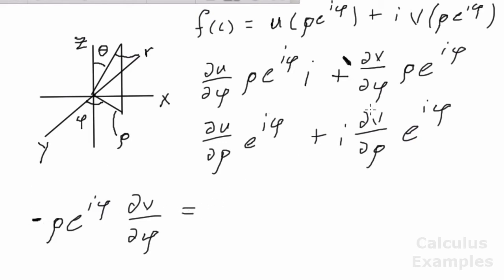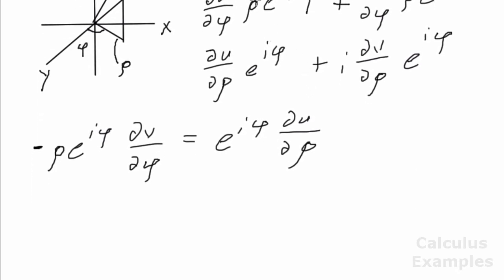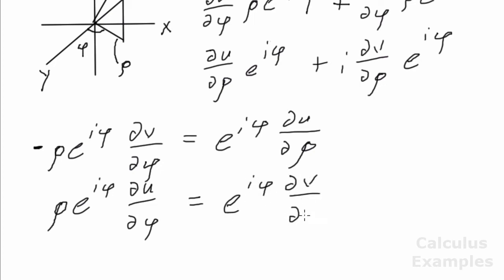That'll be equal to the real part of the second equation, which is e to the i phi, partial u, partial rho. Next, we're going to equate the imaginary parts, and that's rho e to the i phi, partial u, partial phi. That'll be equal to the imaginary part of the second equation, which is e to the i phi, partial v, partial rho.